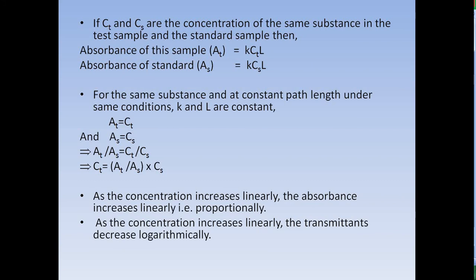From these two we can write AT by AS is equal to CT by CS. Then the concentration of the test, CT, is equal to AT by AS into CS.